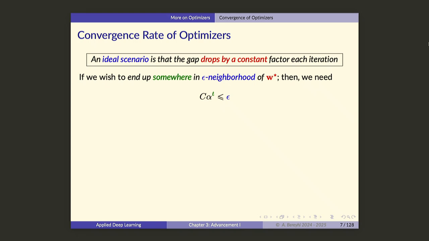Now, what is logarithm of alpha? Is it positive or negative? Negative, right? Because alpha is smaller than 1. If I divide everything by log alpha, what's going to happen to this? You're going to get greater or equal, right? So you're going to get greater or equal 1 over log of alpha, that one, right? You see it, right?